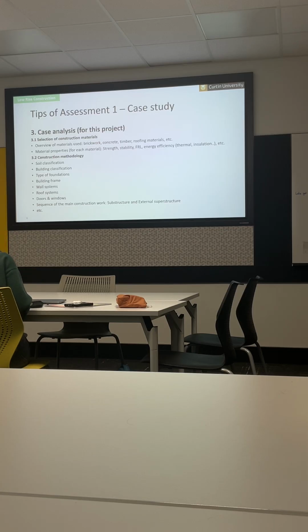You can discuss the soil classification, the building classification, type of foundations, building frame, wall systems, roof systems, doors and windows, a sequence of the main construction works. Then in this subsection, you could divide into the substructure and the external superstructure. So this one could help you to organize this subsection.